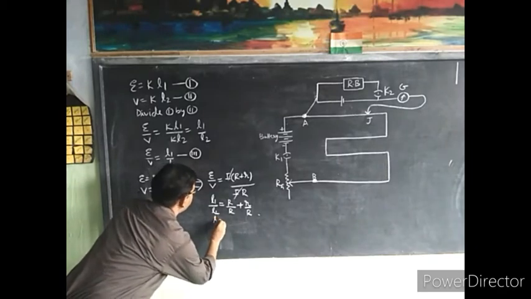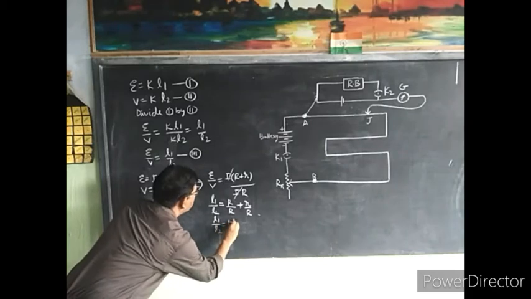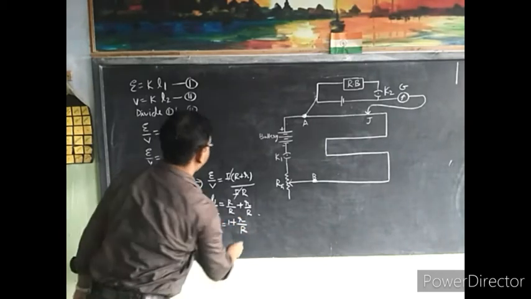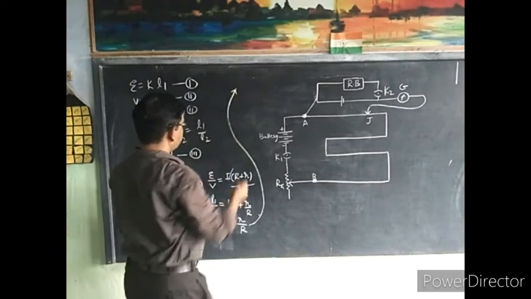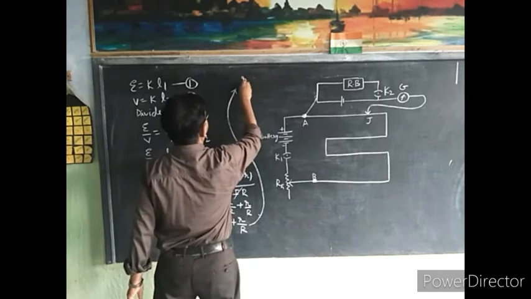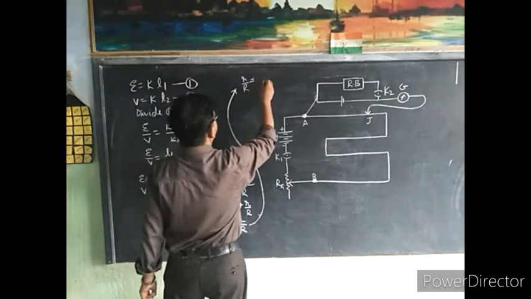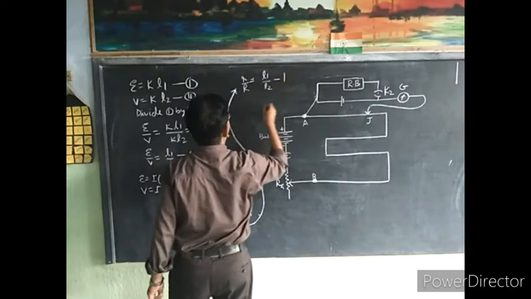L1 upon L2 is equal to 1 plus small r upon capital R. This can also be written as small r upon capital R is equal to L1 upon L2 minus 1.